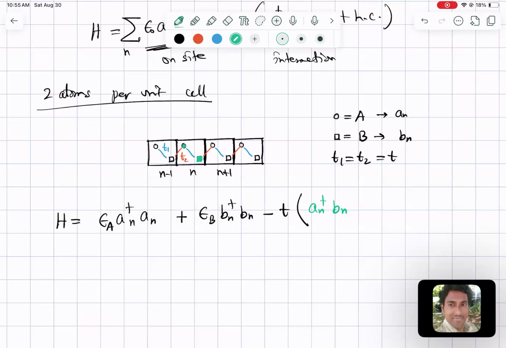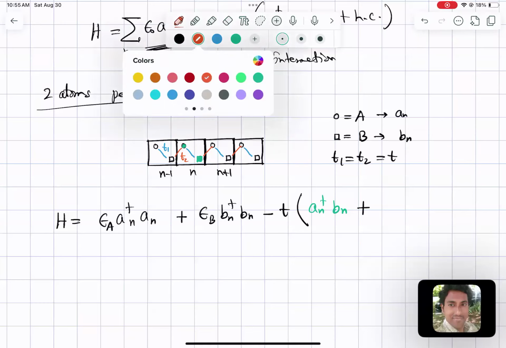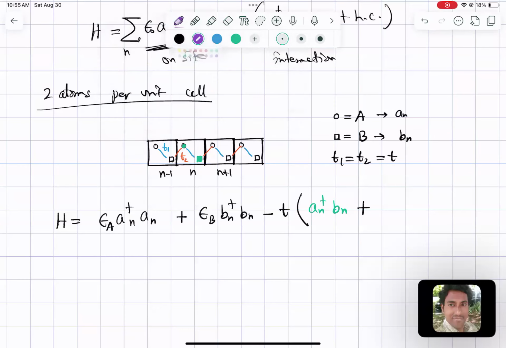Okay. And the next term would be, let me use red or a different color, A_n, okay, we have interaction with this one and that one. And we also need interaction between this square and the next cell.